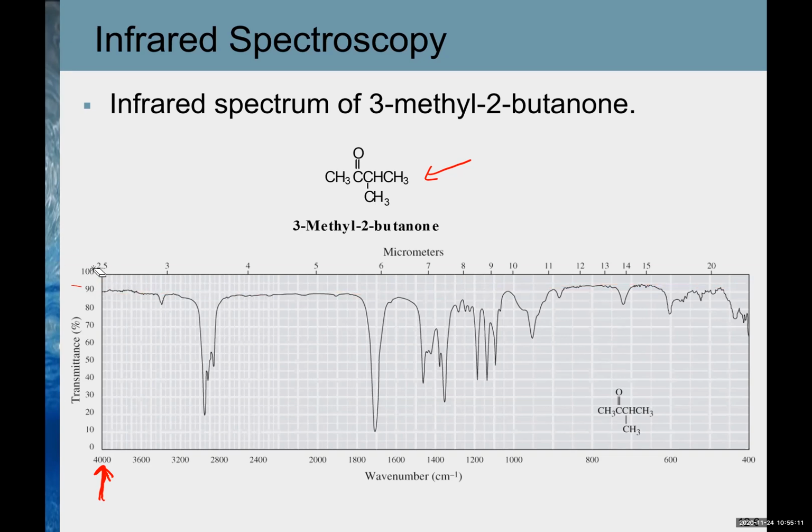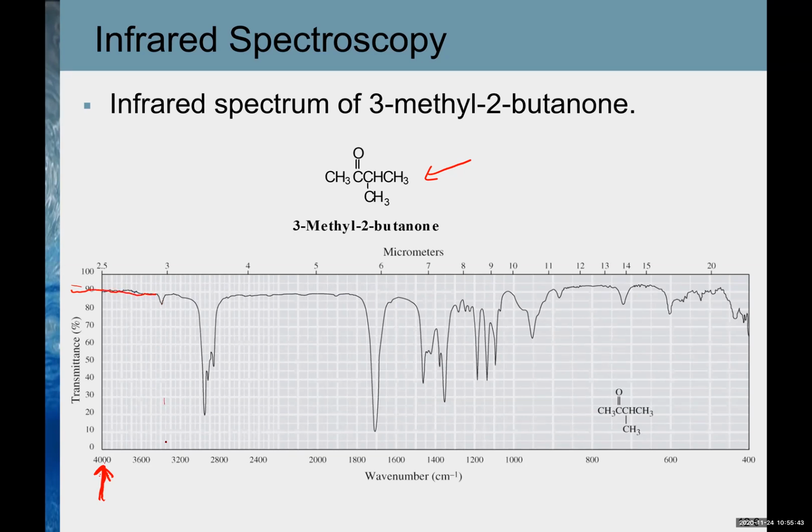Baseline means the level where no absorption is taking place. So everything is getting transmitted. If no absorbance is taking place, then 100% should be transmitted, right? But we can see it's not 100%, about 90% is transmitted. So that 10% loss is a background loss, and we cannot overcome that. But anyway, at the 4,000 level, no bond is absorbing the energy, so all the energy is being transmitted.